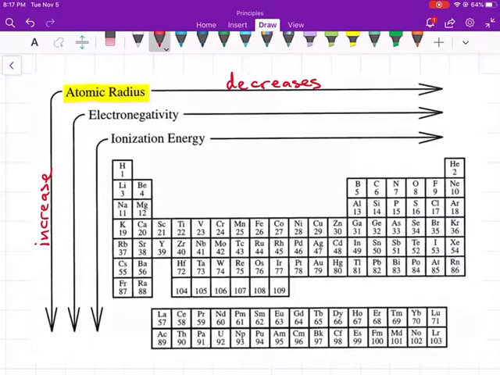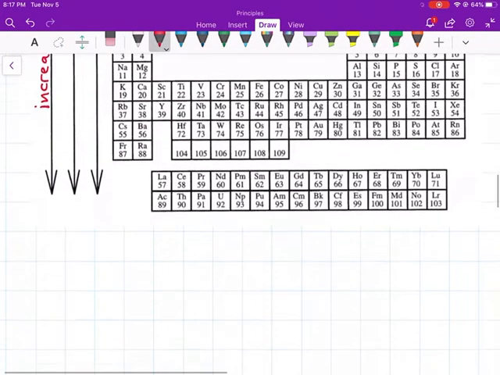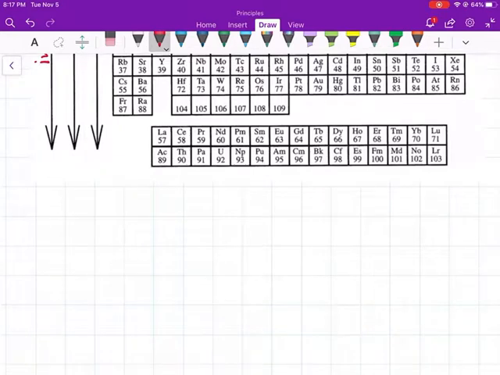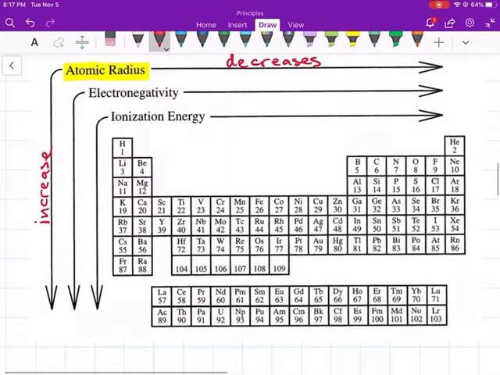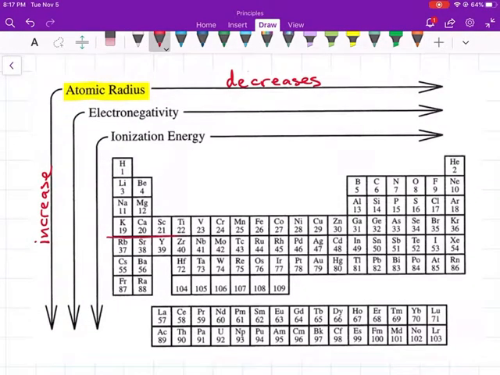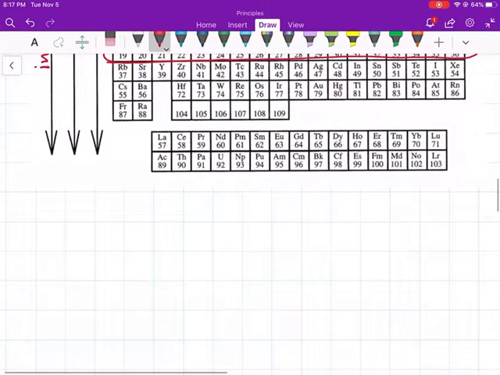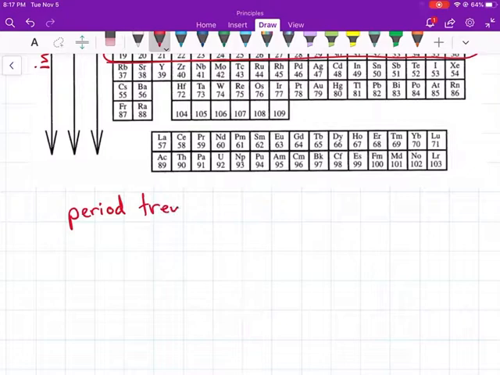So let's talk about why that is. And let's first of all just write down in our notes what those trends are. Now the left to right trend, because we call these horizontal rows on the periodic table periods, we refer to the left to right trend across a row as the period trend. So underneath your definition of atomic radius, let's write down the period trend.